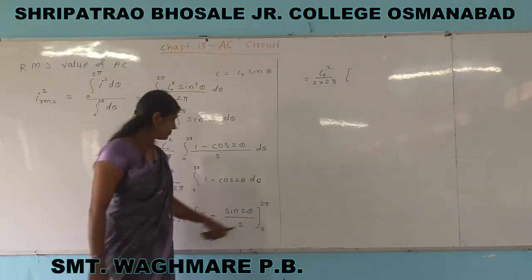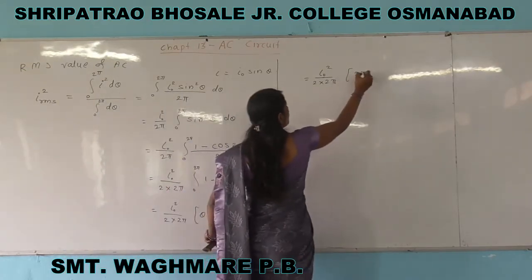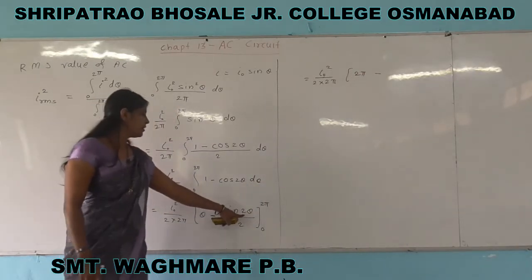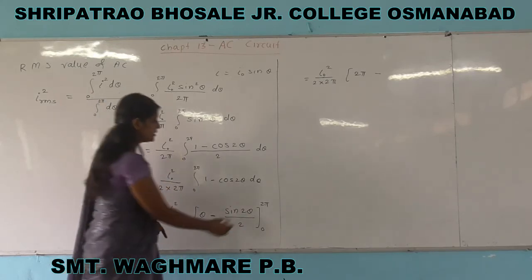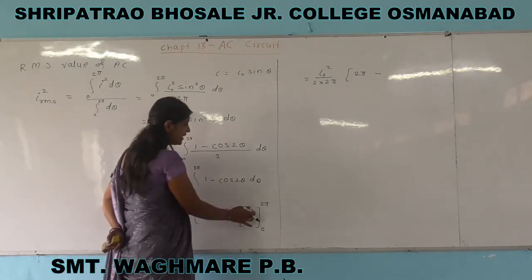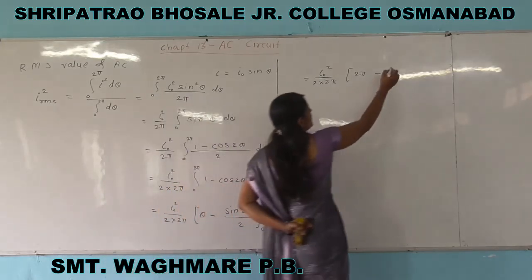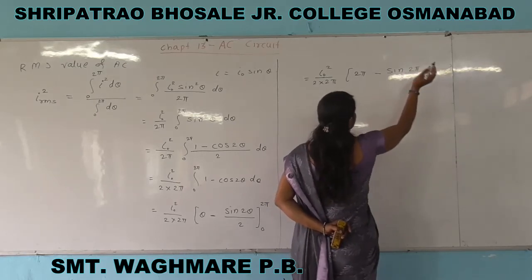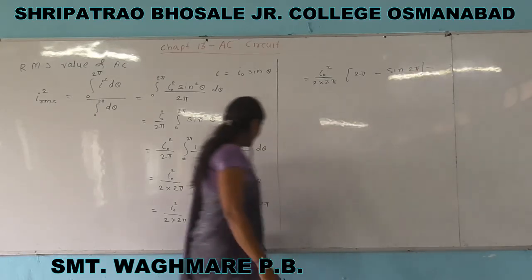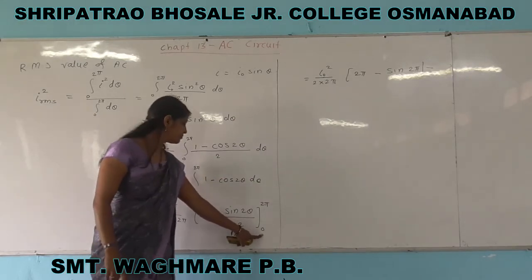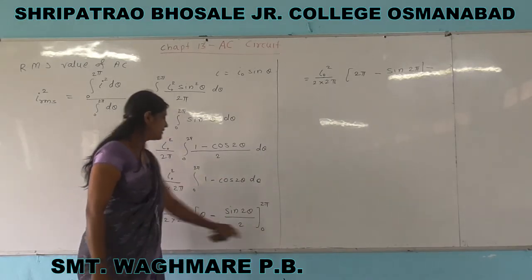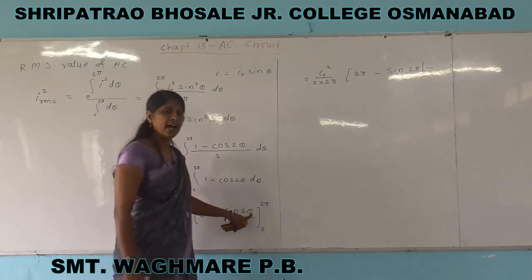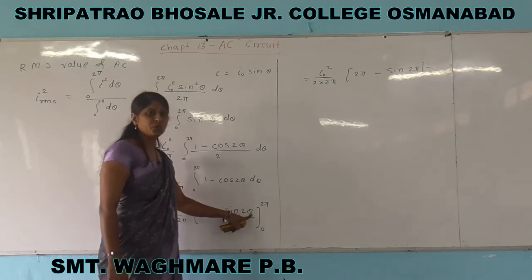Taking the upper limit, theta is equal to 2 pi, therefore 2 pi minus sin 2 pi, and then minus the lower limit, theta is equal to 0, that is sin 0.